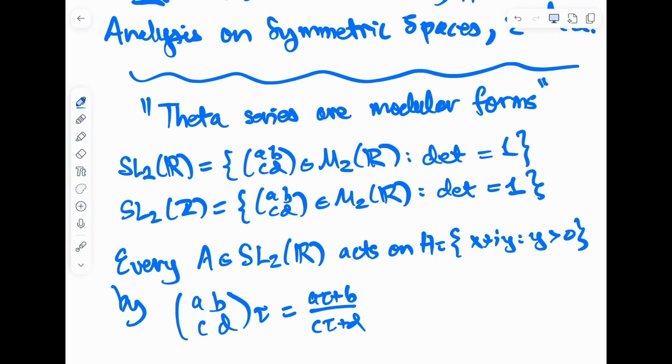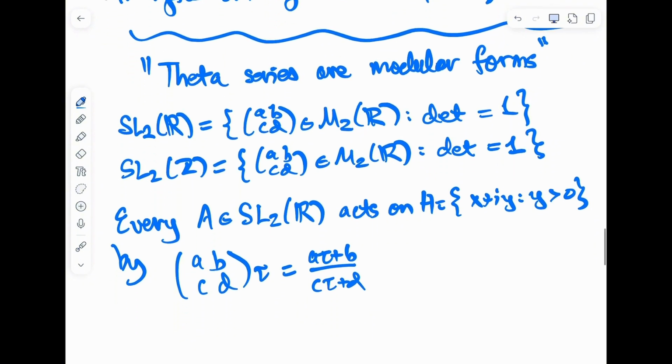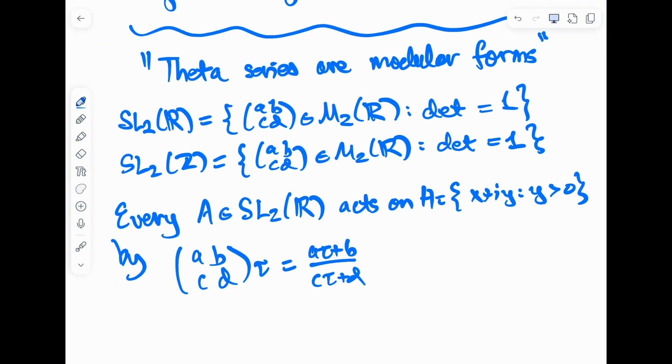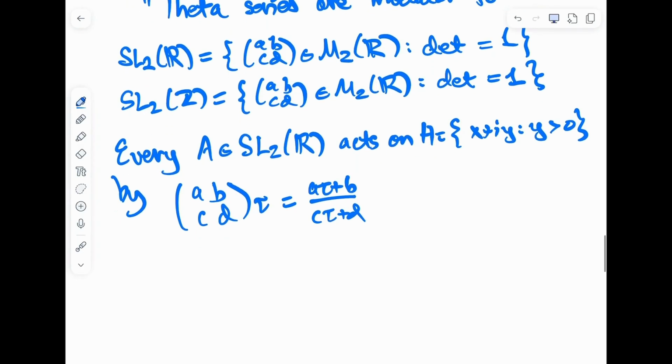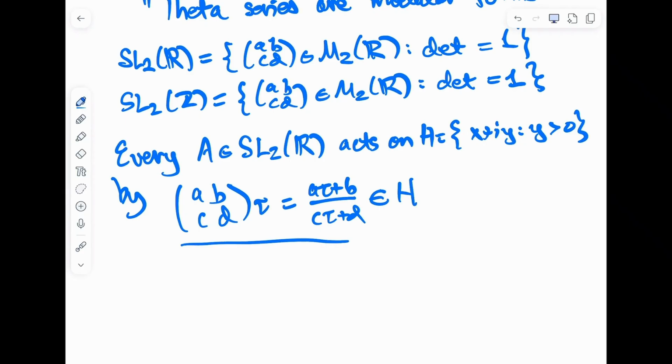But if they're real numbers with determinant 1, then this formula takes a point in the upper half plane and spits out something that's also in the upper half plane. All you really need for this is that the determinant of the matrix is positive, not that it's specifically 1. But the fact that it has determinant 1 gives these things very close connections to hyperbolic geometry that we're not going to get into here. We're going to focus on the subset of integer matrices. And the key thing is that this is again in the upper half plane, if tau is in the upper half plane.